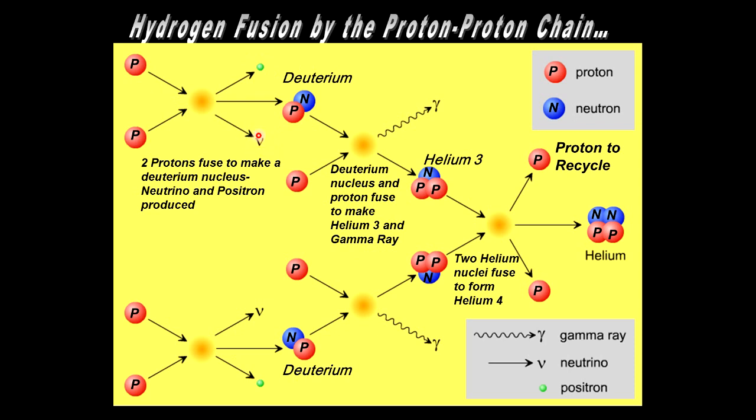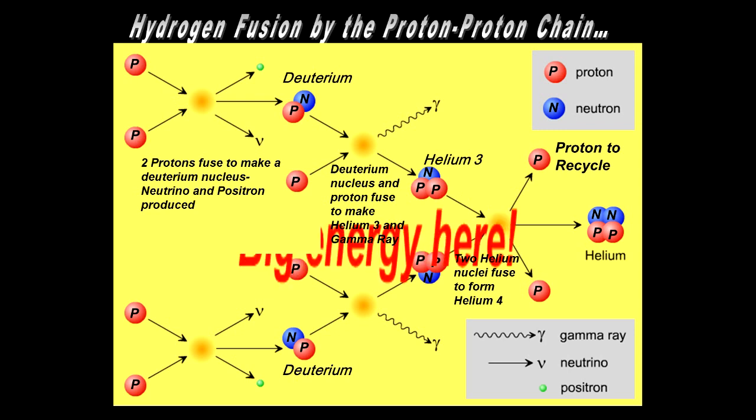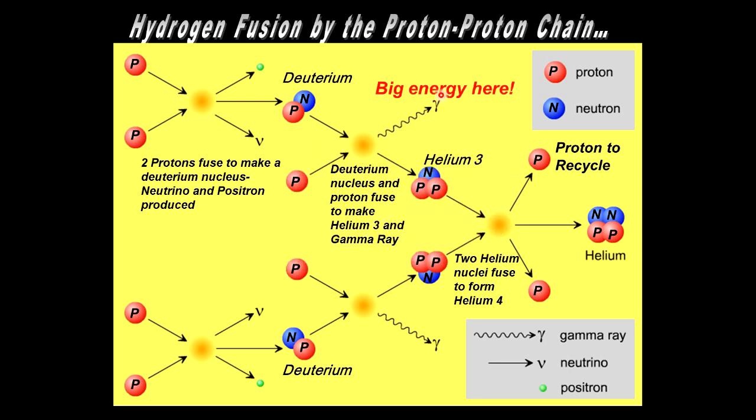There's the mysterious neutrino. The deuterium then fuses with another proton, and in doing so, it makes a helium-3 nucleus. And a lot of energy is liberated in a gamma-ray photon. So there's a big portion of energy right there, a high energy photon.